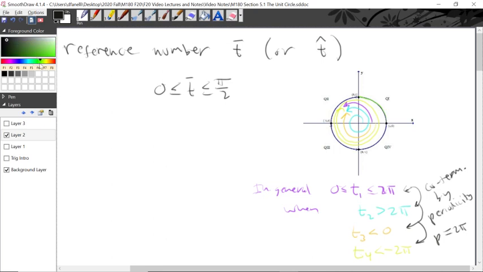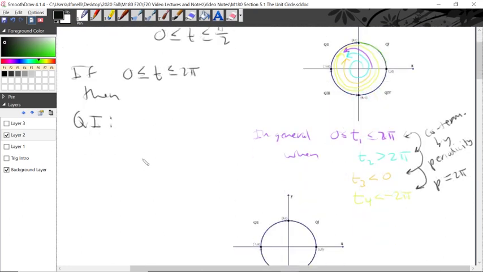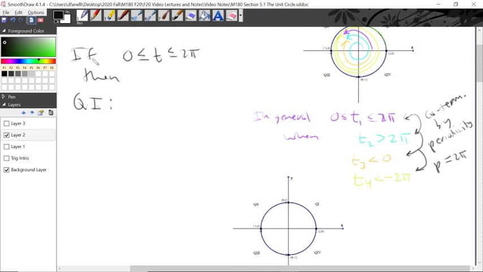And then, if t is between 0 and 2 pi, and we are in quadrant 1 for the associated value of t, let's get another picture of the unit circle. Let's put a value of t that is between 0 and 2 pi, but is in quadrant 1.